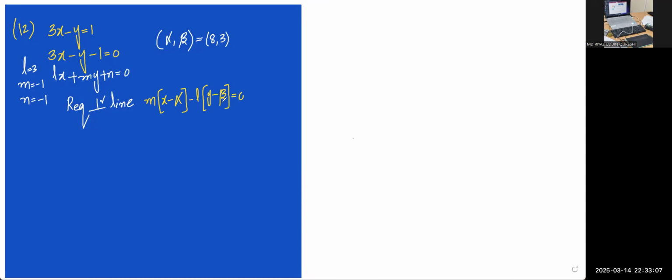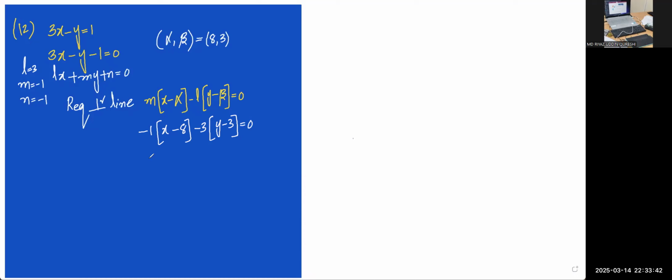So just plug in the values. m is minus 1 into x minus alpha, which is 8. l value is 3, into y minus beta, which is 3, is equal to 0.